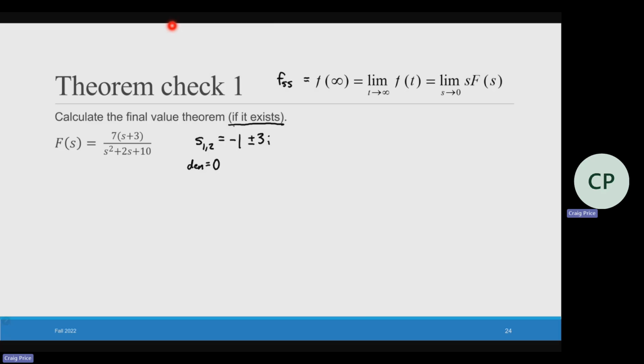But what does the -1 mean? This means that there's going to be an e to the -1t sine or cosine 3t. So we will have oscillations, frequency 3, but with the e to the -1t, that will die out in 4 seconds.